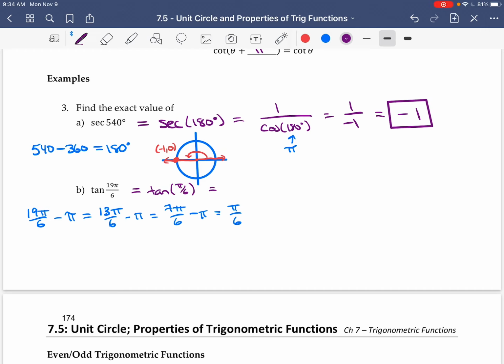And for tan of pi by 6, I'm going to go to sine and cosine. So it's sine of pi by 6 over cos of pi by 6, which is going to be 1/2 over root 3 over 2, which is 1 over root 3.